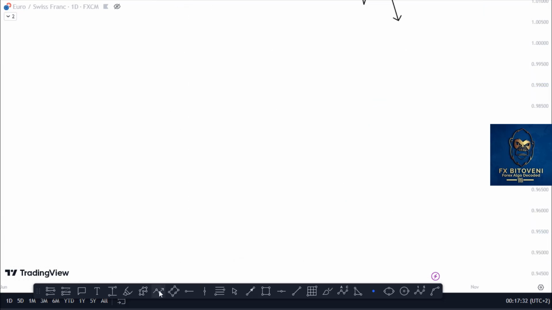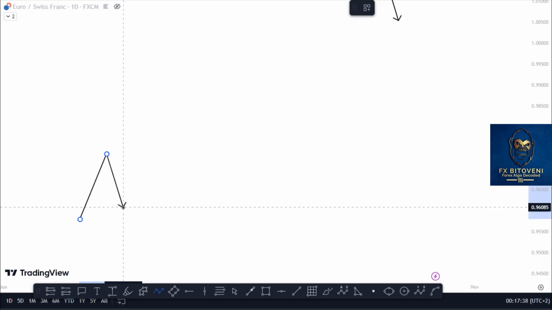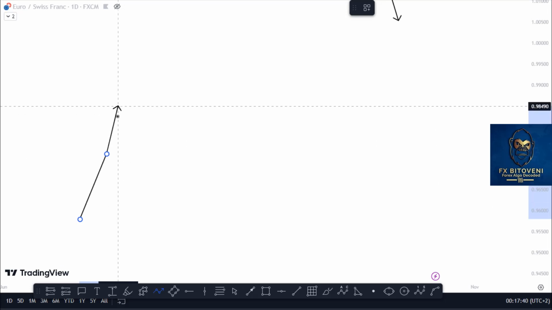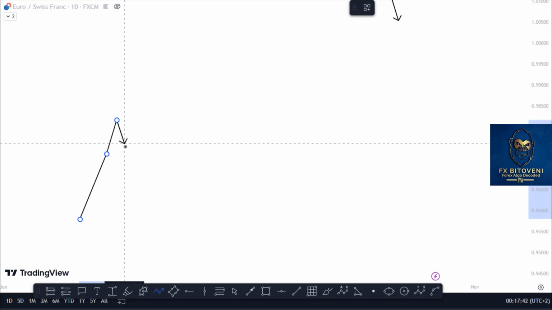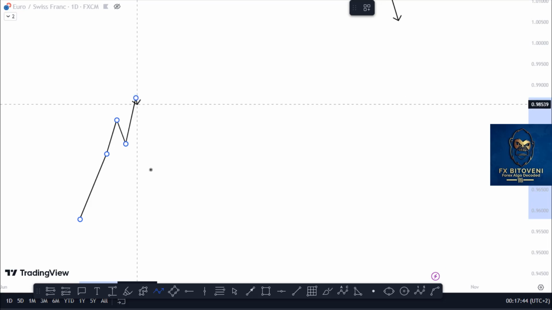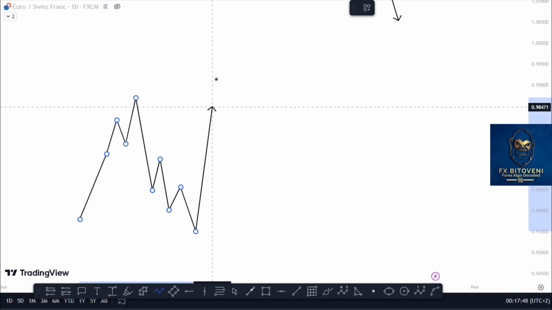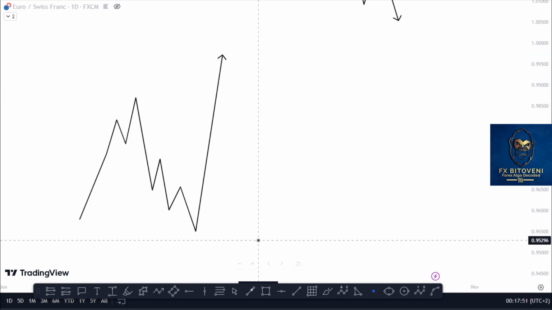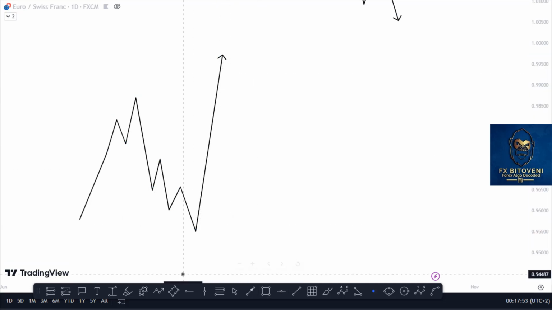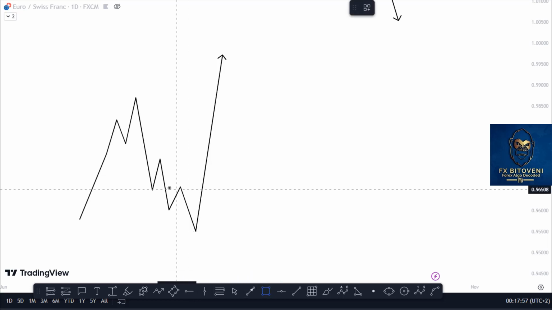This simply means if you are going to mark the structure in terms of invalidation point, guys, every time you have a swing point, a swing high and a swing low, first of all, you have two important areas for you to mark.